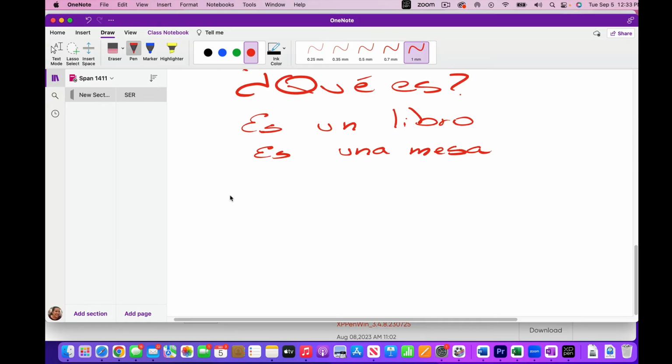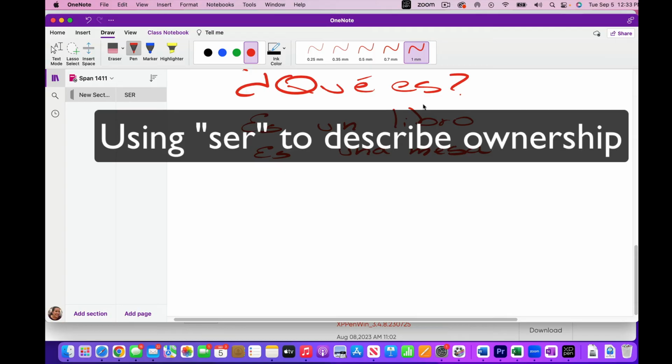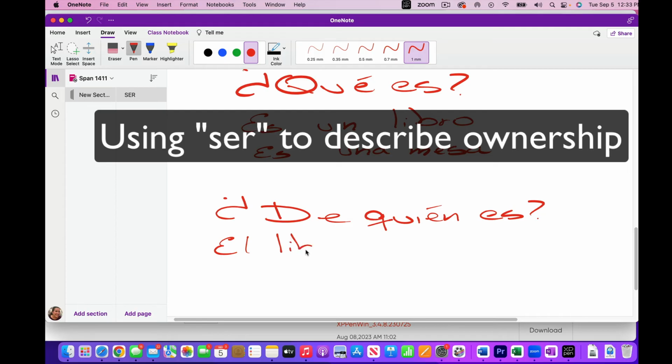Let me give you an example of ownership. Let's assume, going back here, that I asked, ¿qué es? Es un libro. Now I'll ask the next question. ¿De quién es? Who does it belong to? El libro es de Marisa. The book is, okay?